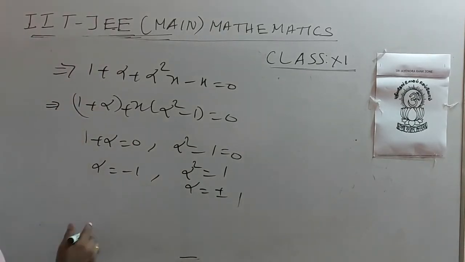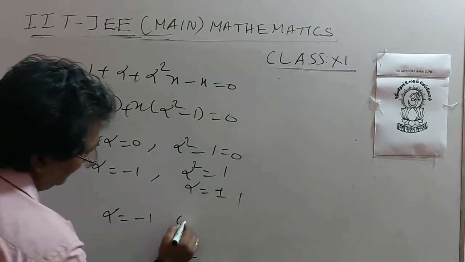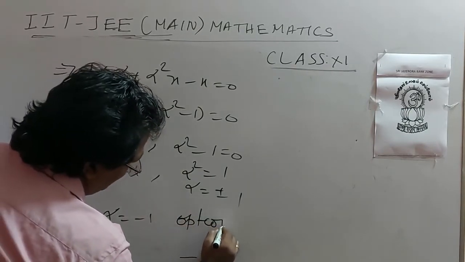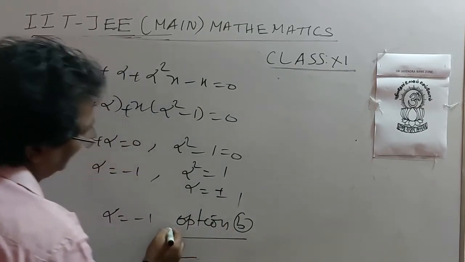Combining these two, the common value is alpha equals minus 1. Option B is the correct answer.